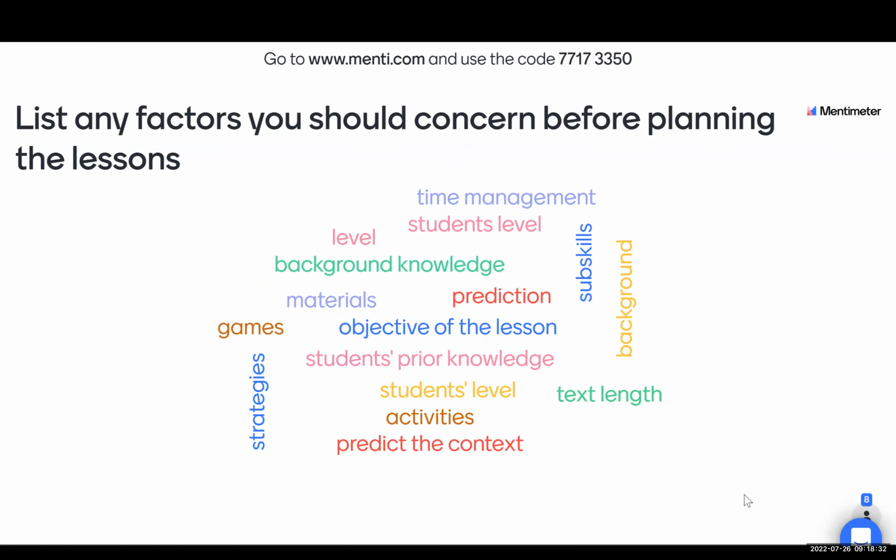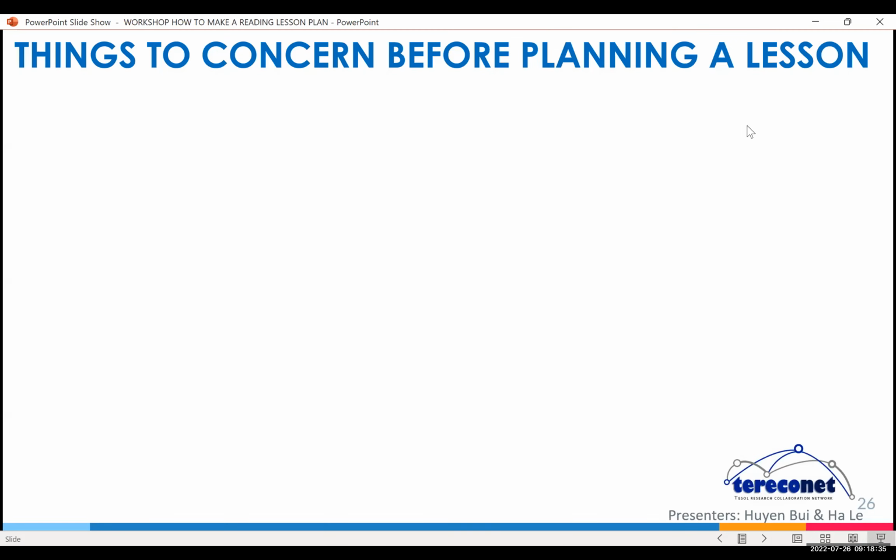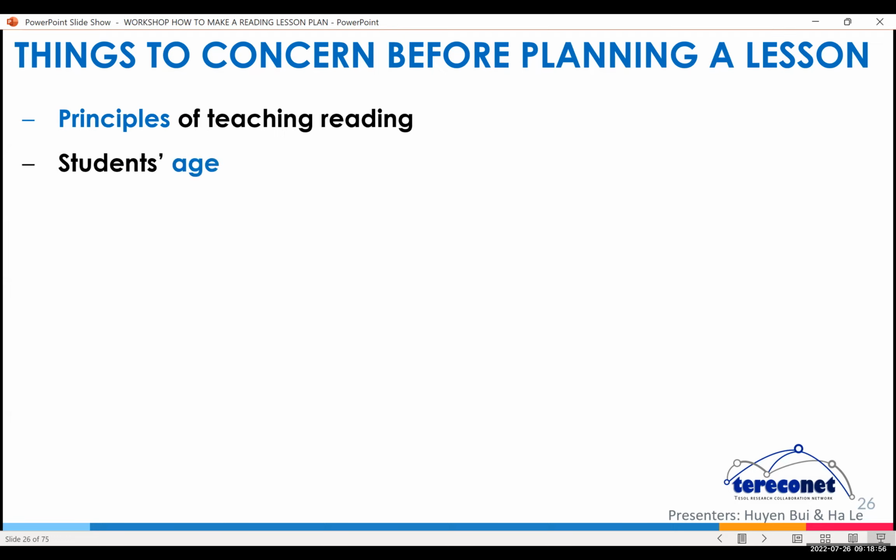Okay. So, to tell the truth, when we plan the lesson, we should consider so many factors. Among them, we should remember the principles of teaching reading, or the classroom techniques or tasks that I just mentioned to you with the word ACTIVE. We should pay attention to the student age because different ages have different characteristics.